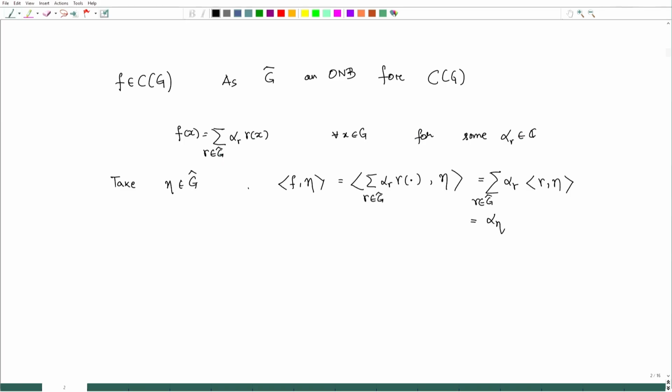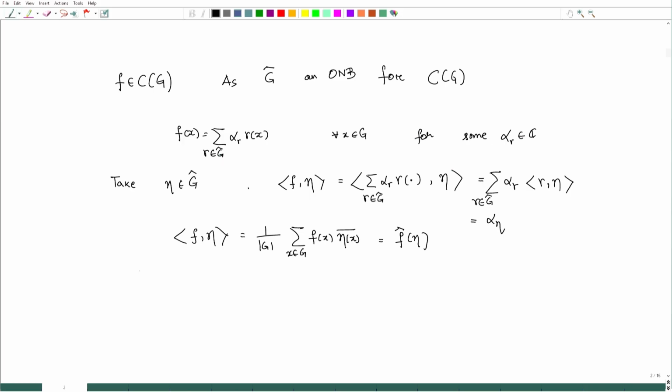And what is our inner product of f with eta? This is 1 over mod G, summation over x varying over G, f of x, eta x bar. This is nothing but f hat at eta.